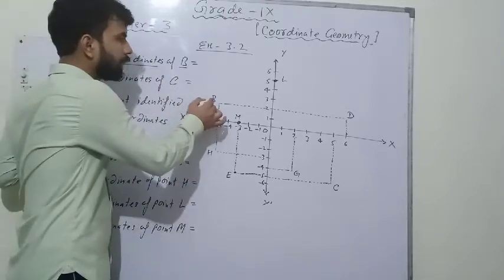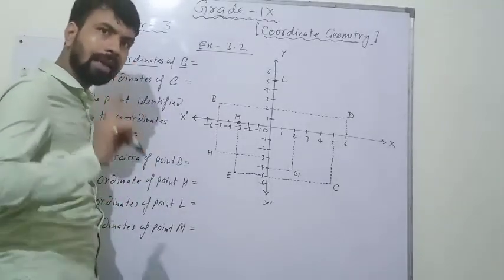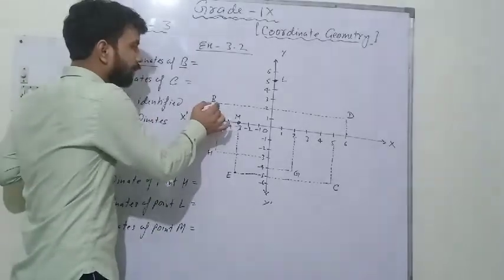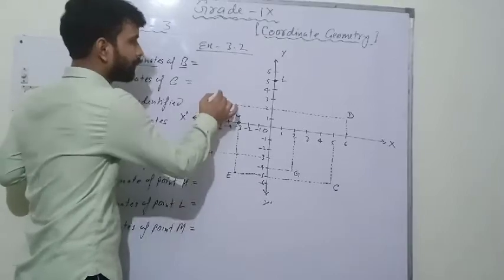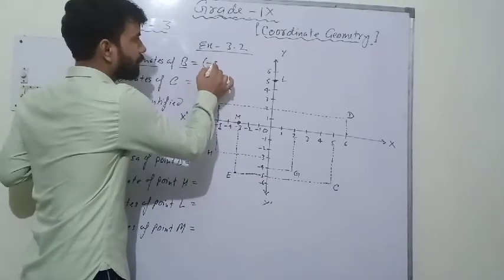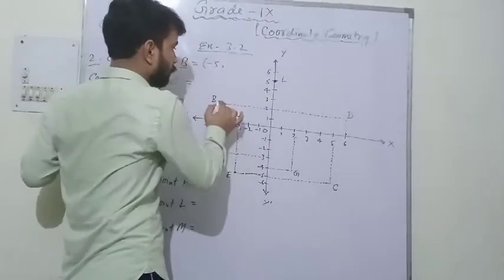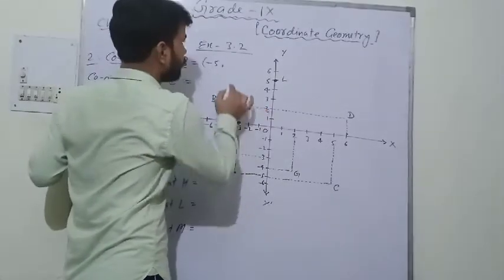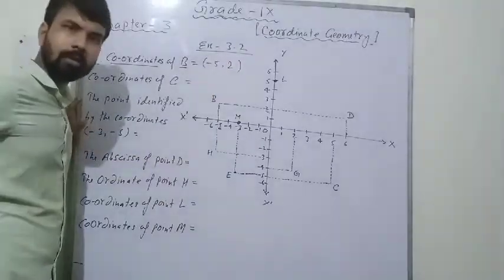So point B is this. I told you that first of all we will have to write the X point. So on B, what is X point here? That is -5. So its abscissa is -5, comma, ordinate is Y point. So Y point, what is here? That is 2. So the coordinates of point B is -5, comma, 2.